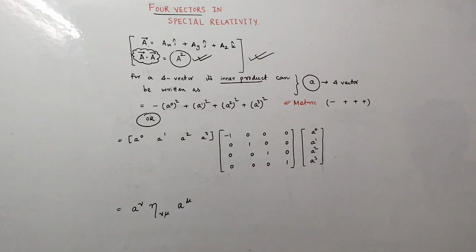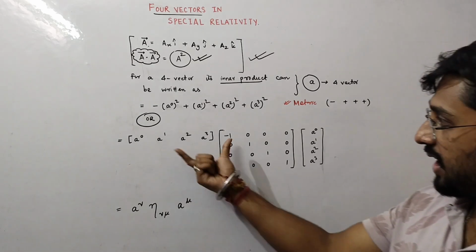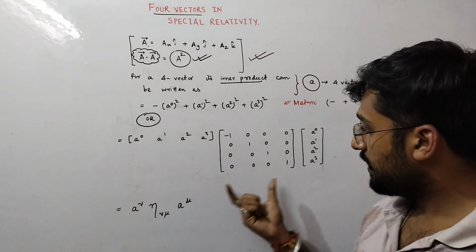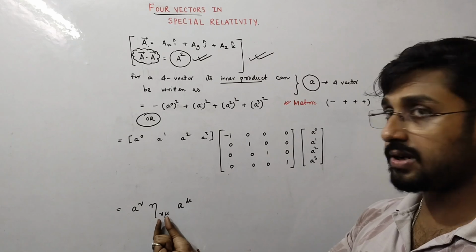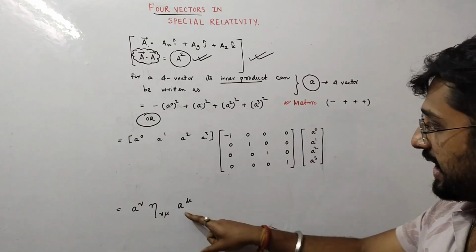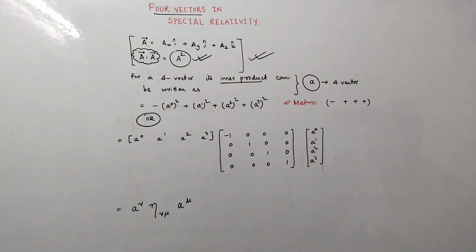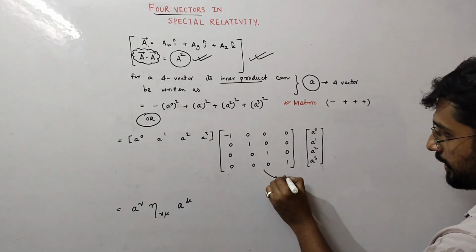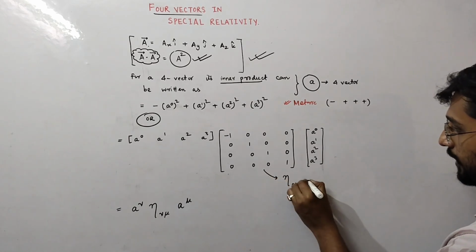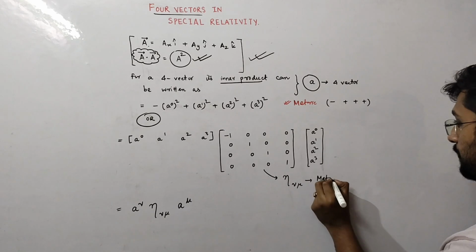Am I clear what I have done? So basically I have expressed this as A mu, this is the metric tensor eta mu nu, and this as A nu. Right? Okay, fine. So let me tell you that this eta mu nu is the metric tensor.